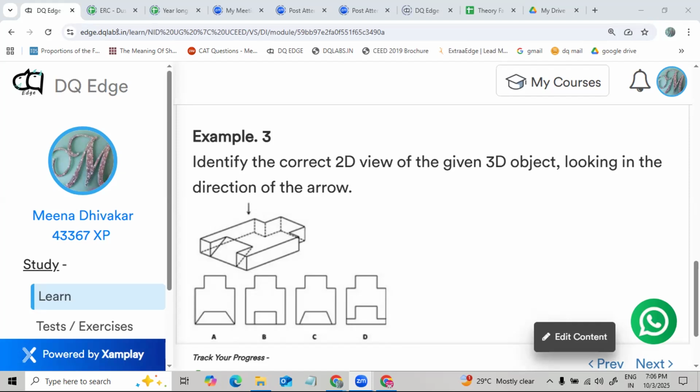It's a slanting one, so why are we not saying it's C, and why are we going with B? Because we didn't see the slope from above. Yes, this is a very important point.